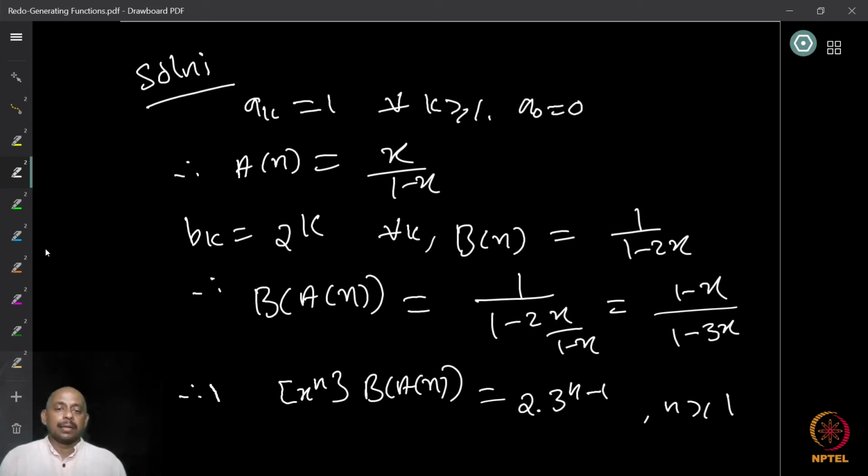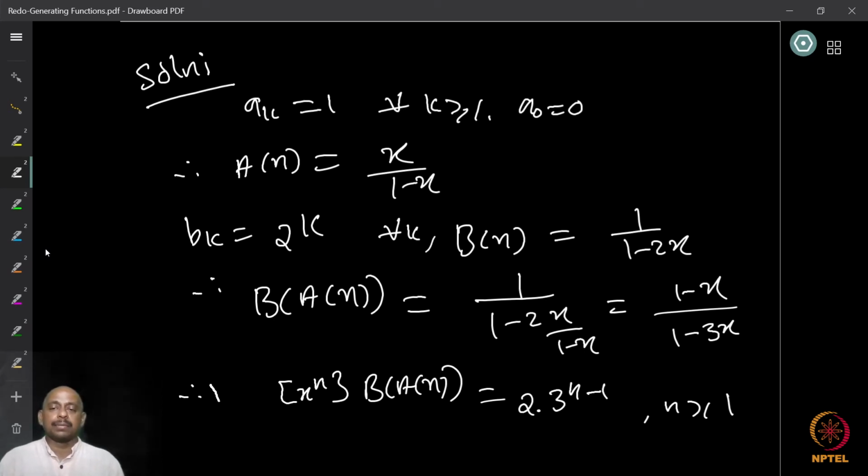And now we apply the composition rule, right? So B of A of x: now A of x is x by 1 minus x, and B of x is 1 by 1 minus 2x. So substitute for x with x by 1 minus x, which is 1 by 1 minus 2x by 1 minus x, which is 1 minus x by 1 minus 3x.